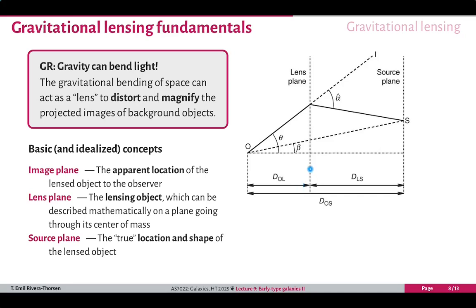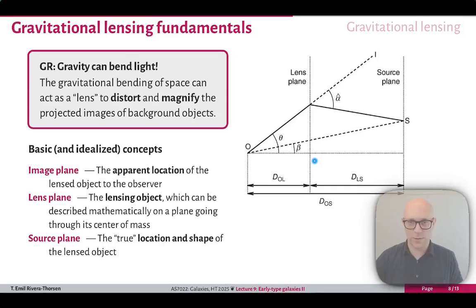And then we have the lens plane, and of course that is the same thing, except it is at the distance of the lens. What is important here is that even though the lens has some kind of extent in this direction here, this is usually quite small compared to the overall distances that we're looking at.